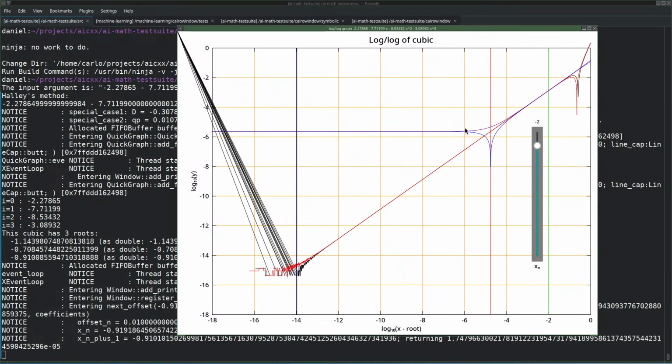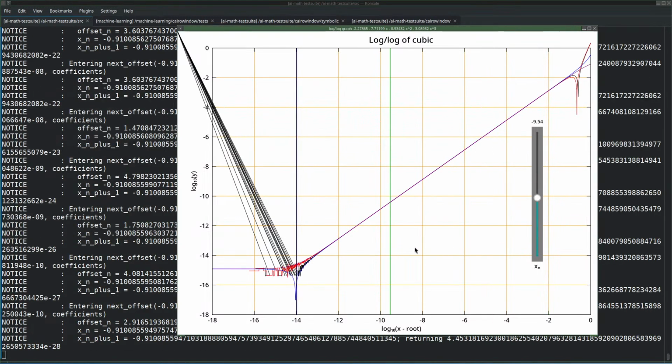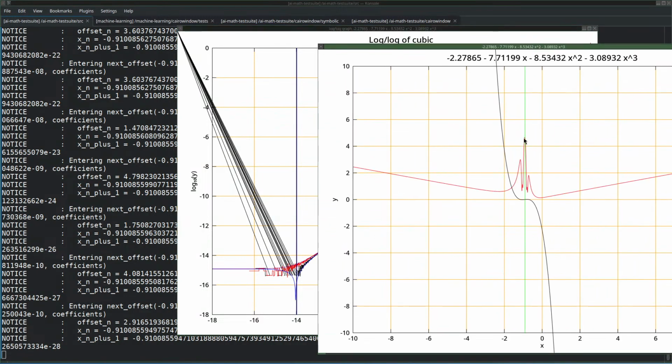So the error of this cubic is -14, and like I expected, it doesn't really matter where the green line is. It's the x value here. -2 is very close to the root, and anything less than that is also very close to the root. That is the error.